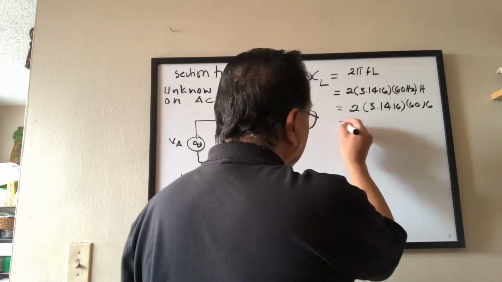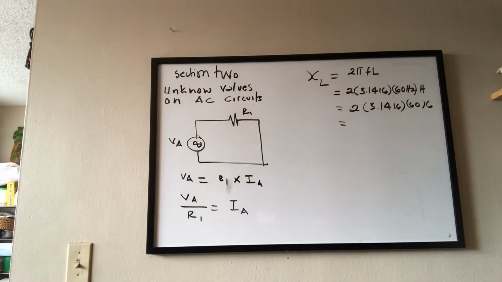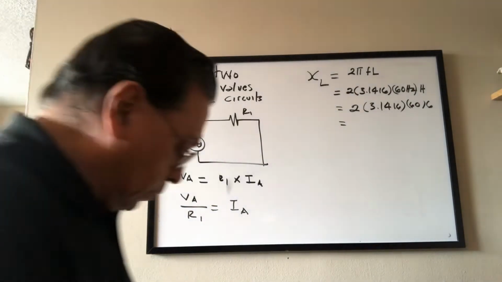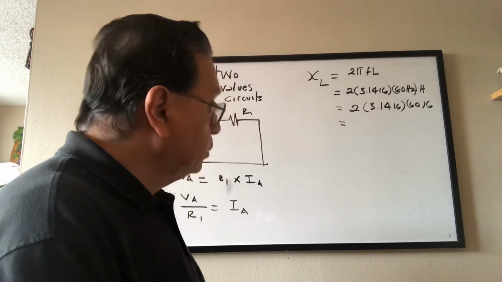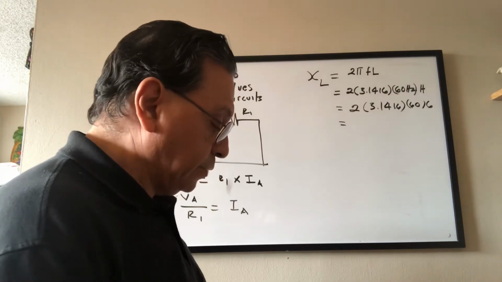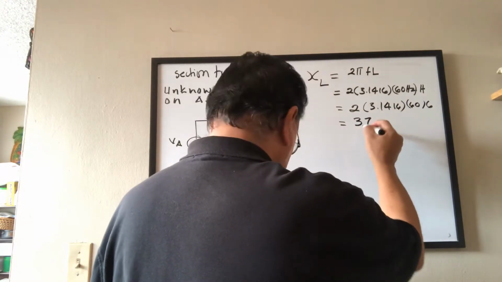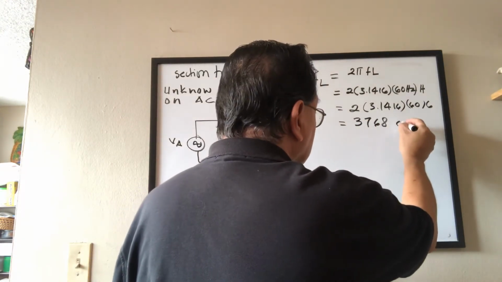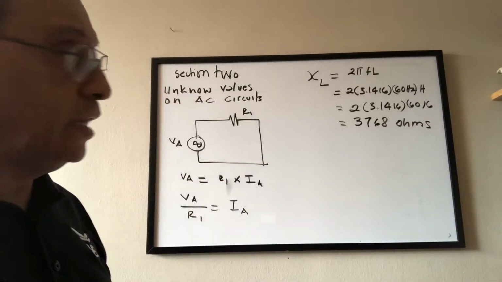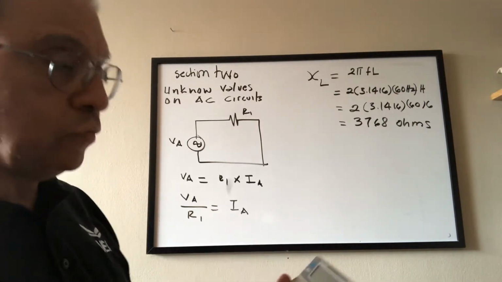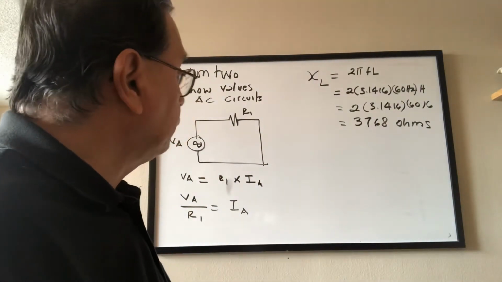This is equal to 3,768 ohms. That is the way that we calculate the resistance presented by an inductance to the external force of voltage.